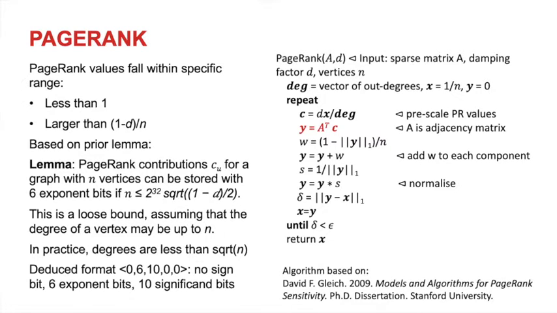So this defines essentially the range within which we have to represent numbers. And this constrains then the number of exponent bits we require. The number of significant bits, however, can have to grow throughout the algorithm. So depending on how accurately we want to calculate the PageRank values, so how many bits of accuracy we need, we will potentially start off initially with very few significant bits during the calculation, and as the calculation proceeds, additional bits in the significand are being filled in with accurate values.